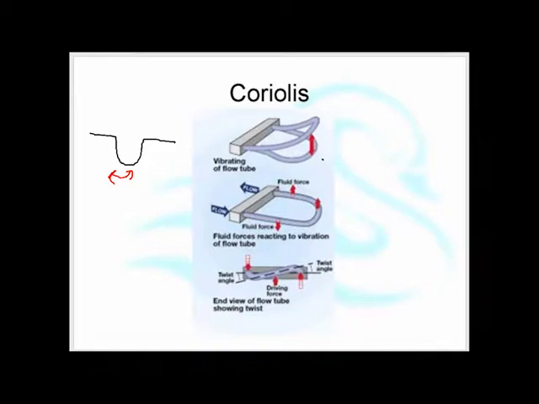So we get a piece of pipe in a U shape and we flop it backwards and forwards. Now, if there's no flow in that pipe, all that happens is it flops backwards and forwards.